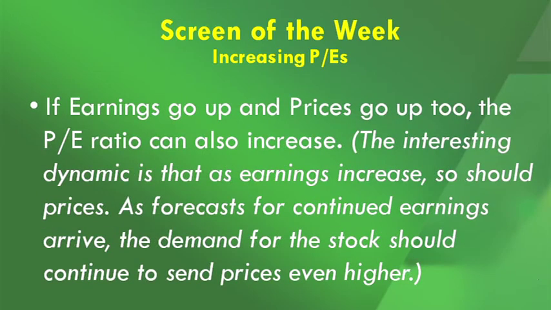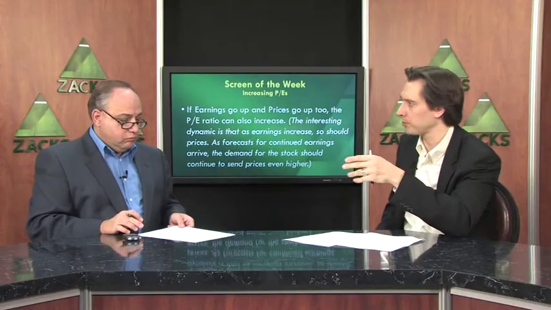So if earnings go up and prices go up too, the PE ratio can also increase. The interesting dynamic is that as earnings increase, so should prices. As forecasts for continued earnings arrive, the demand for the stock should continue to send prices even higher. This scenario you will typically see play out, higher earnings and higher prices, in most of your uptrends.